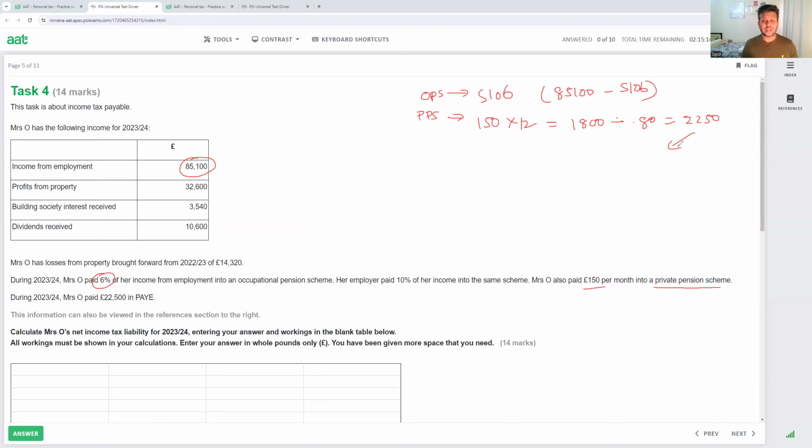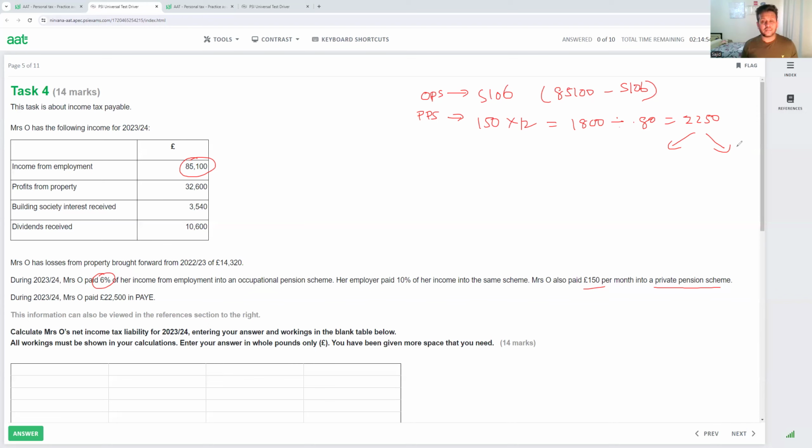That will reduce our total income, and we'll calculate the adjusted net income. And it will also extend our basic band. Be very careful with that. This one we only use to reduce our personal allowance. When we calculate the personal allowance, for example, we have a threshold of 100,000.